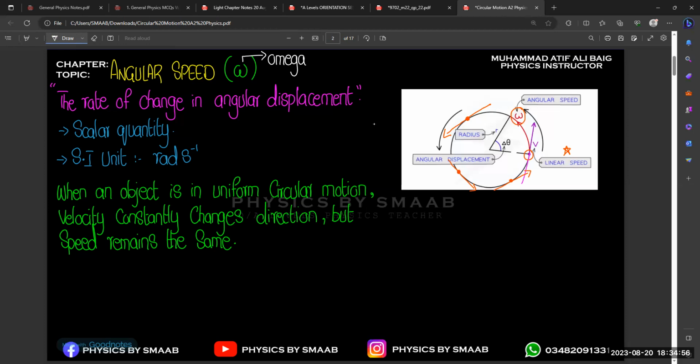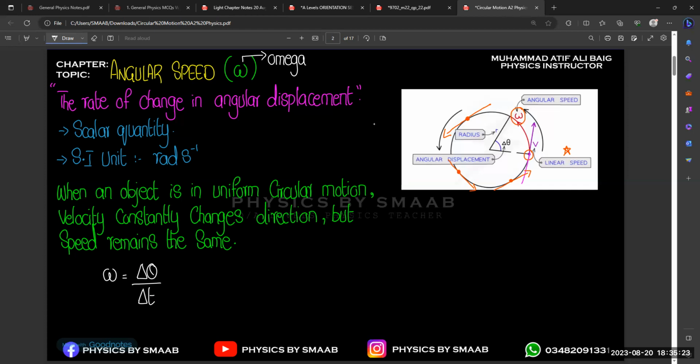So if we want to find the formula for angular speed, we know that according to the definition, angular speed is equal to the rate of change in angular displacement. So delta theta over delta t. Okay. So delta theta over delta t is the formula derived from the basic definition of angular speed, right?